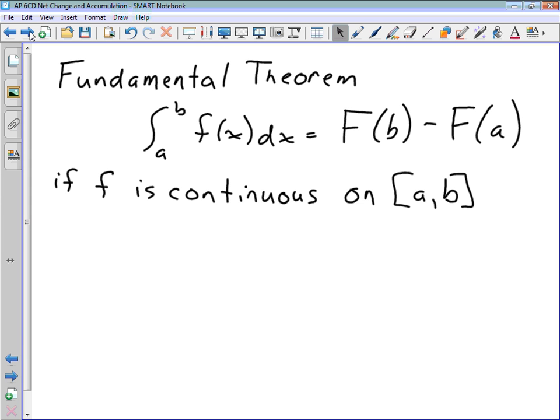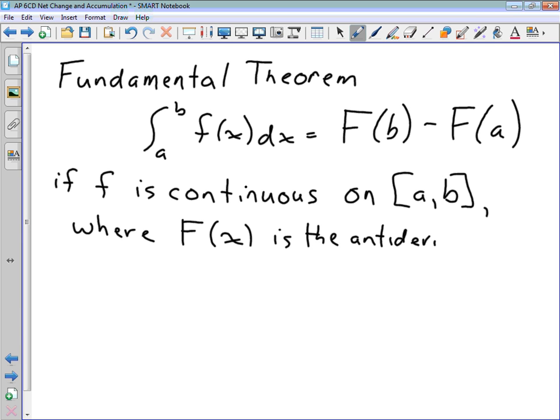The caveat was that f had to be continuous on [a, b], and the relationship between small letter f and capital letter F was that capital F at x is the antiderivative of small letter f at x.